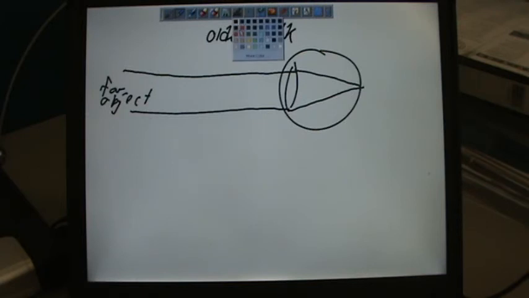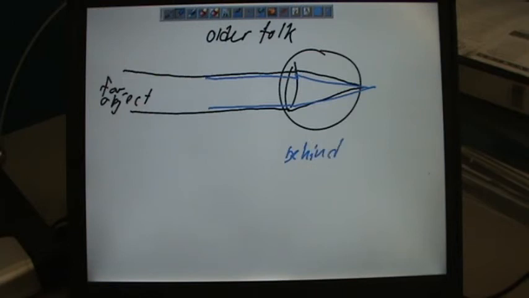What if it is a near object? If it is a near object, the image will be focused behind the retina. So how do you remember the story? You just remember Nelson Goes to Batu Cave, and you just take the opposite.